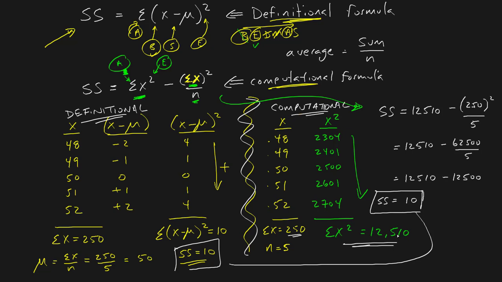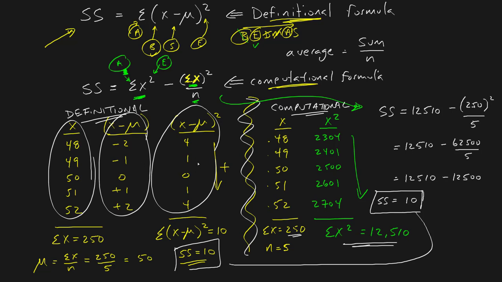Now remember what I said was that the computational formula's reason for existing is to allow you to do less work. When we were dealing with the definitional formula, we had to work with our raw data, then we had to find deviations, then we needed a third column to square the deviations. Also, we had to work out the mean. With computational, we had our raw data, which we added up, but we didn't have to find the mean, and we didn't find deviations.